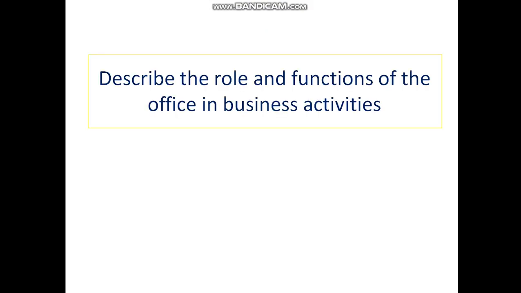First, we're going to look at the first specific objective that CSEC set out for us within this section of the syllabus, which is describes the roles and functions of the office in the business activities. Basically, CSEC wants you to know what are the roles and functions of the office when it relates to business activities.